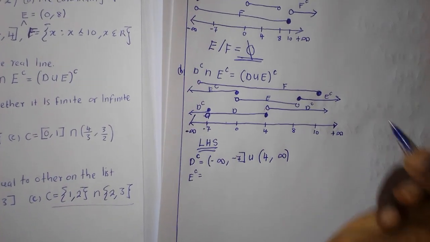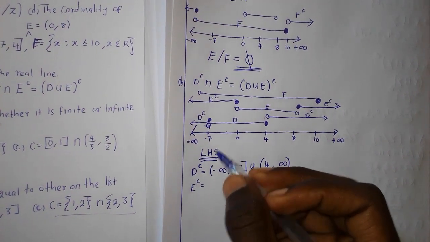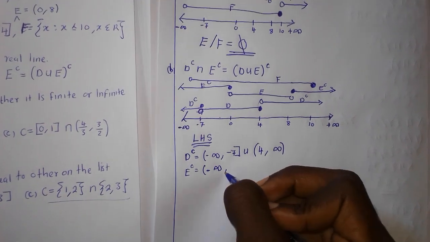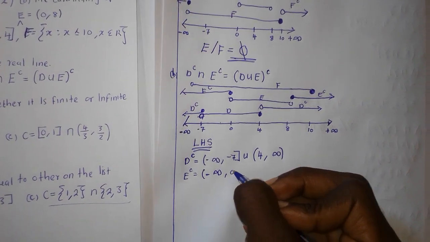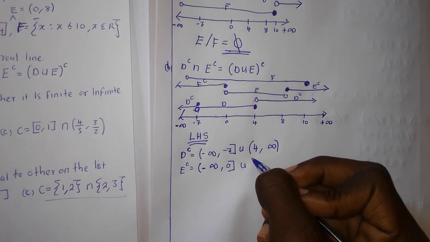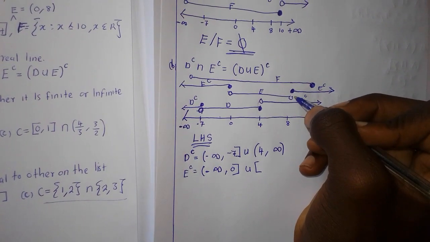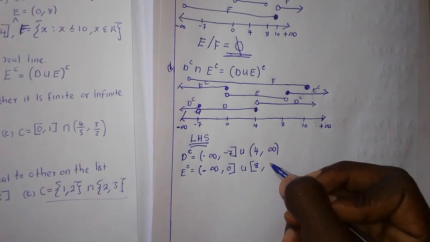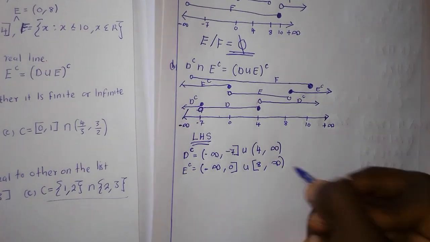Now E complement is coming from negative infinity to some point where we are going to have 0 included, union. Remember, there's an open circle, there's a cross circle here. So this is going to be 8, then positive infinity.